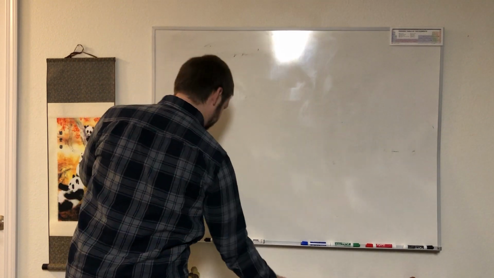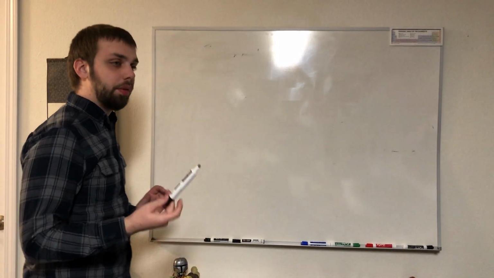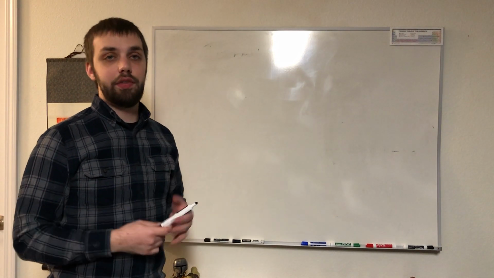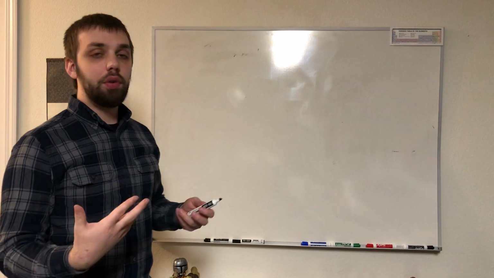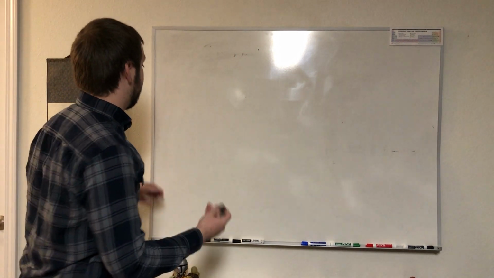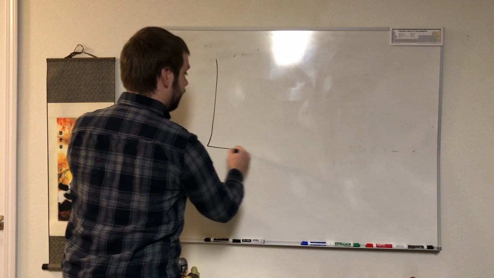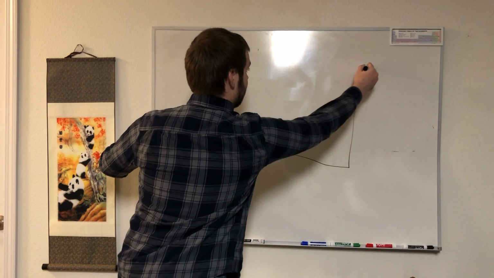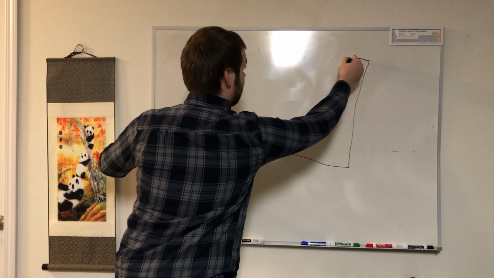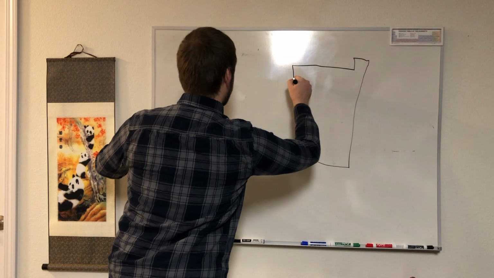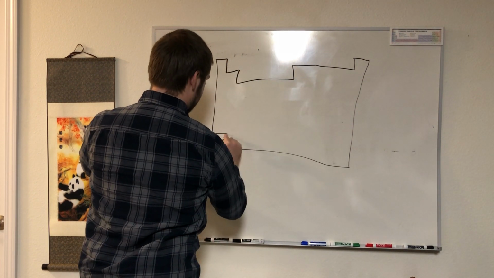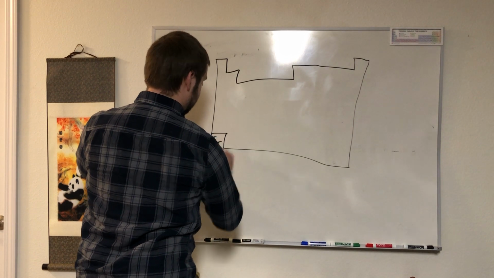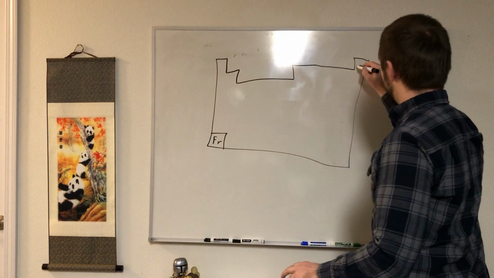Okay, so first let's talk about something called electronegativity. Now this is a pretty simple thing to understand, but it's important that we know exactly what it is. So if we have a periodic table, something like this, down here we have francium, and then we're going to ignore noble gases.